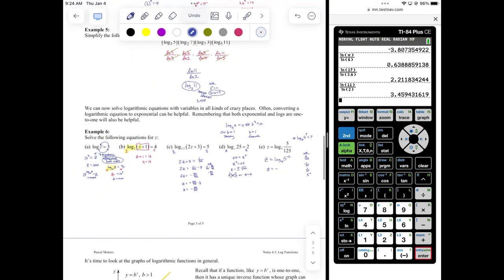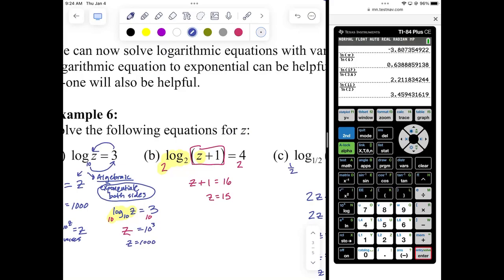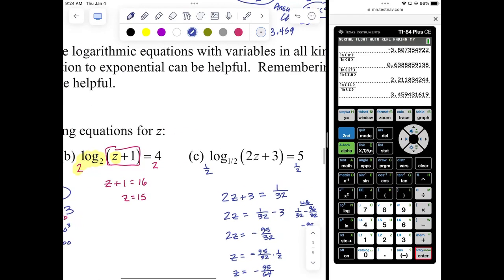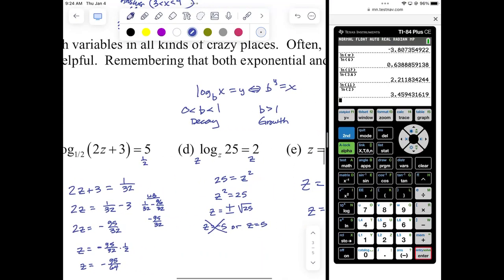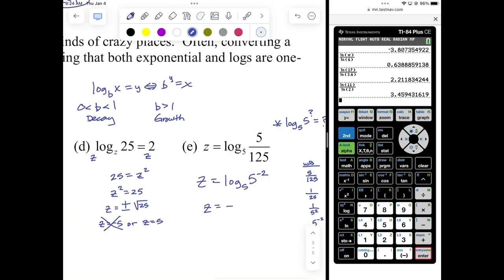So that was an example of one of each of the 3 types. You either have a variable in the argument, in which case converting it to exponential is helpful. You either have a variable in the base, in which case converting it to exponential is helpful, or it's already solved for z and you're just simplifying.